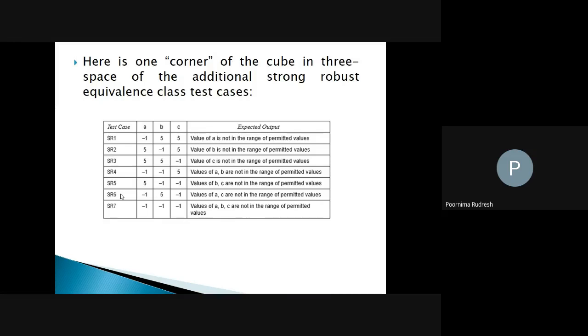And why are we going for that? Here we assume that whenever we are using the strong equivalence testing strategy, we say that the testing is complete, or it leads to the completeness of the testing. Why? Because we are considering each possible test case.